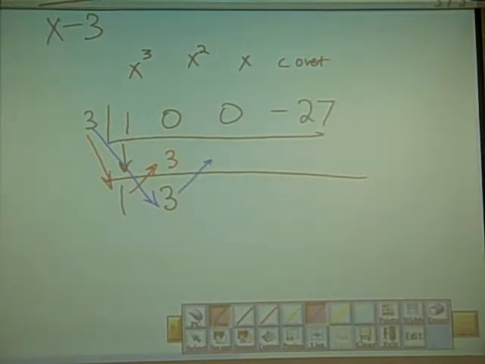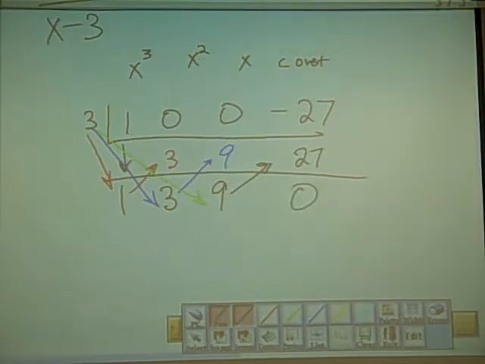So we put 9 up here in the second row. And so now we have 0 plus 9 is going to be 9. Now we're going to multiply 3 times 9, and we get 27. So we're going to bring up 27 here. We've got negative 27 and positive 27, that'll be 0.